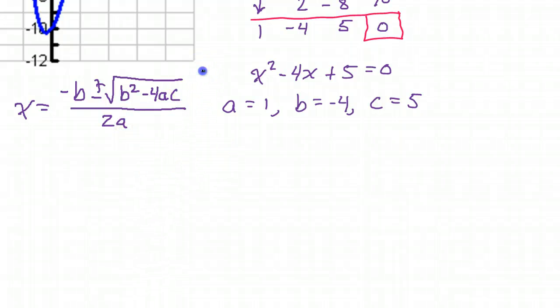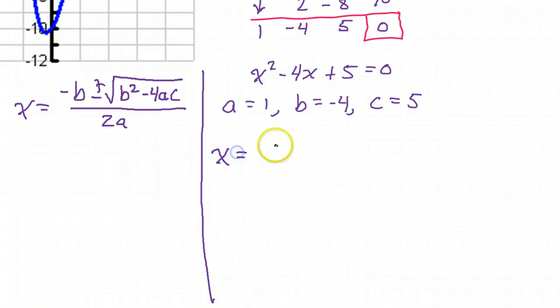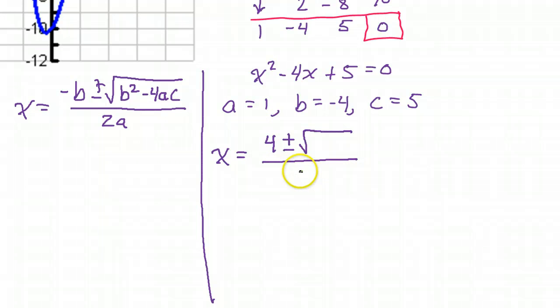There's the quadratic formula for you. So let's see what we've got. Opposite of b, well, that'll be positive 4, plus or minus square root, all over 2a. Well, a is 1, so 2a will just be 2.